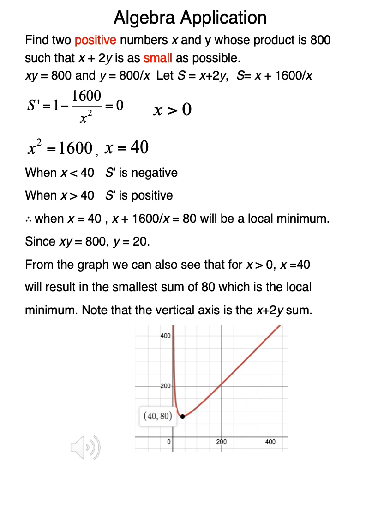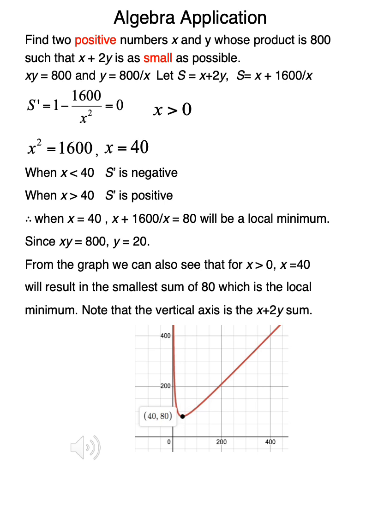And when you try any value for x greater than 40, the first derivative is going to come out to be positive. So according to the first derivative test, at the critical value of x equals 40, the first derivative transitions from negative to positive.